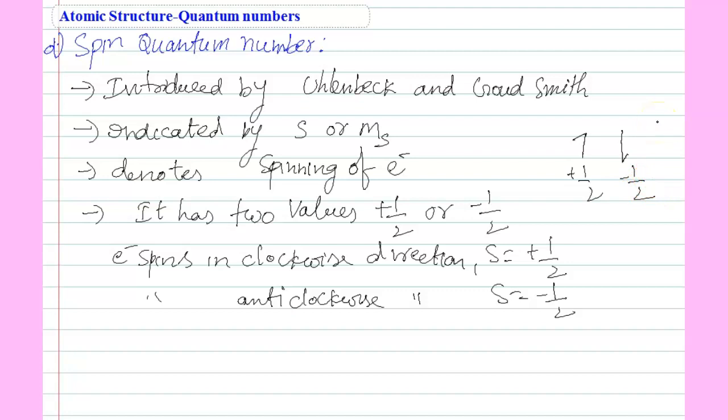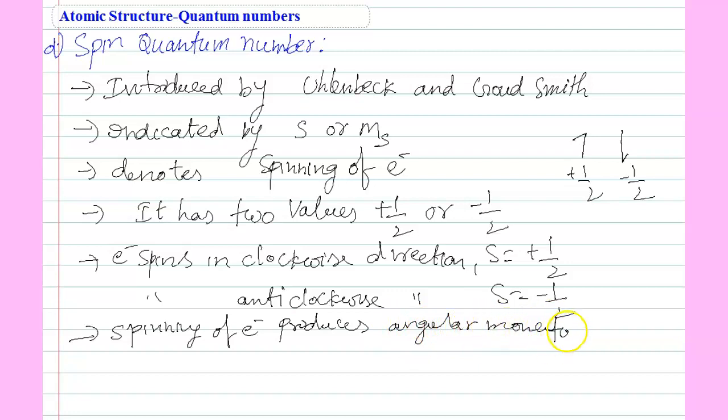Here we can also calculate the angular momentum, because the spinning of the electron produces angular momentum also. The formula is mu s equal to square root of s into s plus 1 into h by 2 pi.